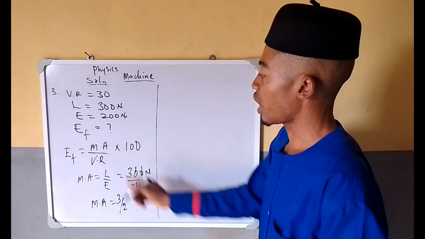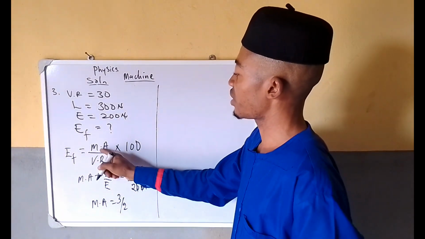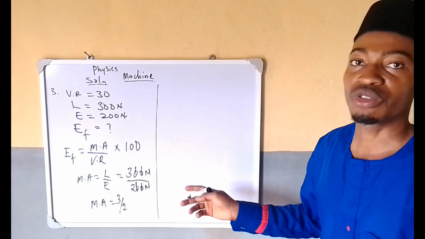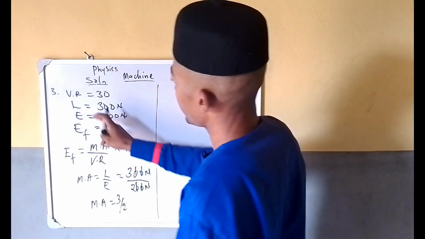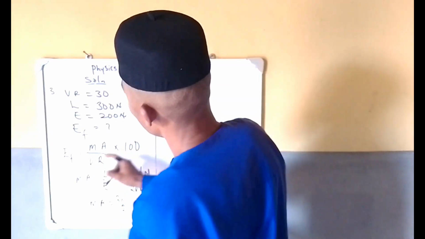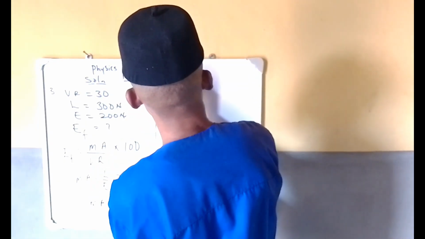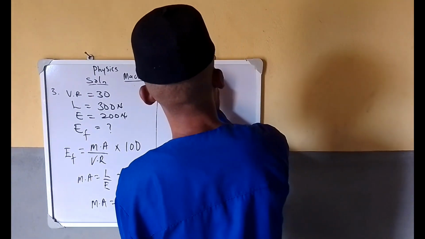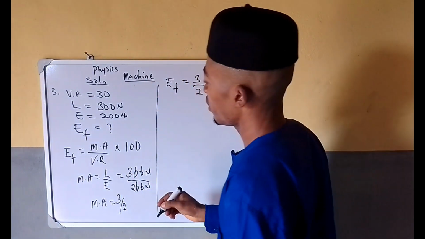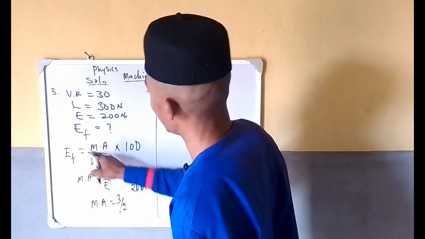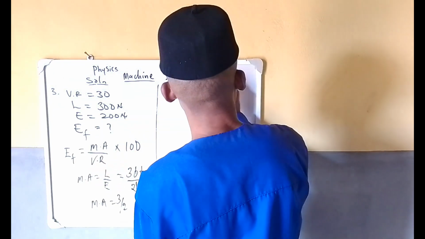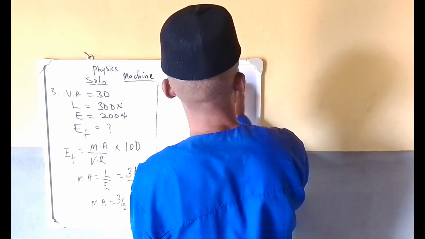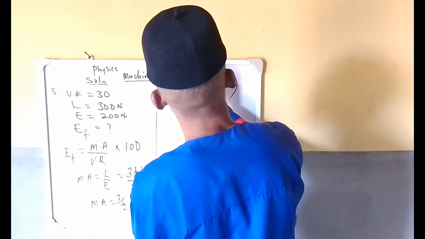So we are going to substitute. We already have mechanical advantage and velocity ratio. We are asked to find efficiency. Efficiency is equal to mechanical advantage, 3 over 2, divided by velocity ratio, which is 30 over 1, multiplied by 100.